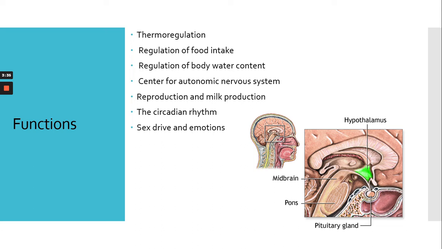So we will see how each of these are controlled, because hypothalamus basically controls all of these through a specific set of hormones, which I will show you soon. And most of those hormones are passed down to the pituitary gland, which further controls the release of another set of hormones.